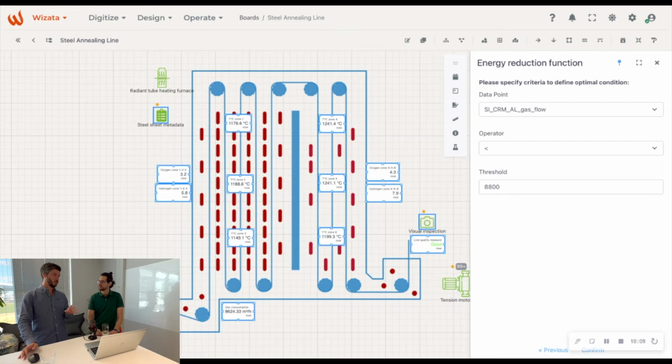So what we usually do when we start an analysis, we take the median or the mean value of the gas consumption, and we classify: when it's below, it's good. When it's above, it's bad. We don't want to use these conditions. And in this analysis, this threshold is 8,800 cubic meters of gas per hour.